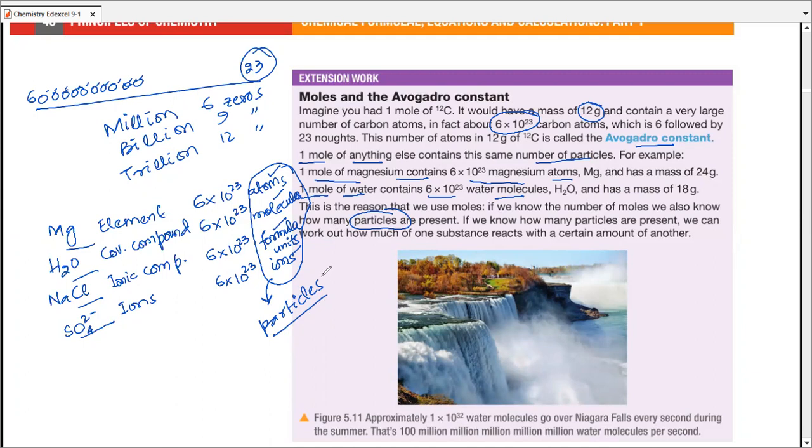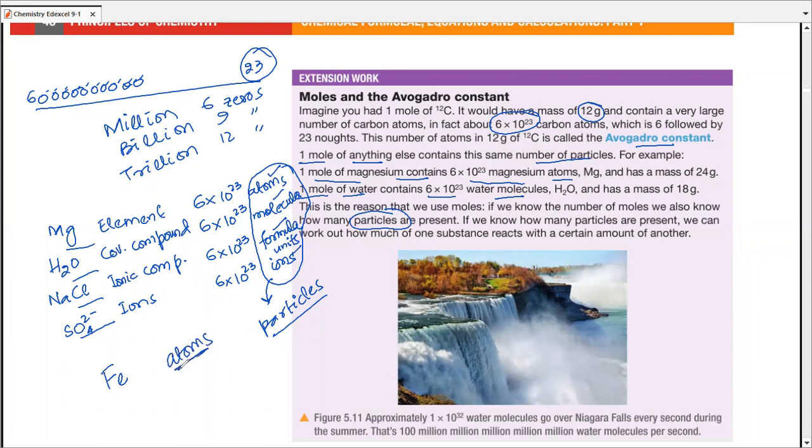Another good way of understanding which word to use is to look out for the word given in the question. Sometimes the examiners put the exact word you require in the question, so students don't have a problem. They can really replace the word particles with the word given in the question. Let's say they are talking about iron metal, so the word needed is atoms.